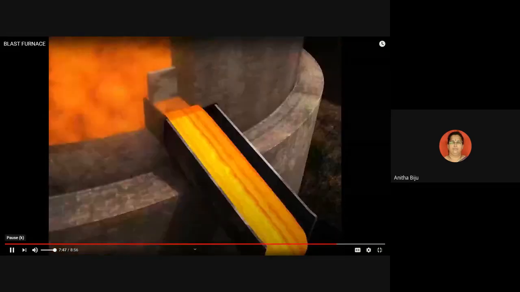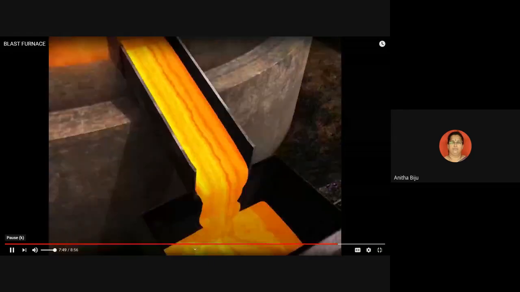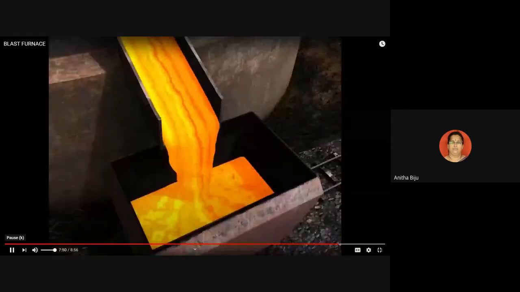The molten iron collects at the bottom of the furnace and is tapped periodically. It is poured into sand molds and allowed to cool and solidify. The iron obtained from a blast furnace is called pig iron.